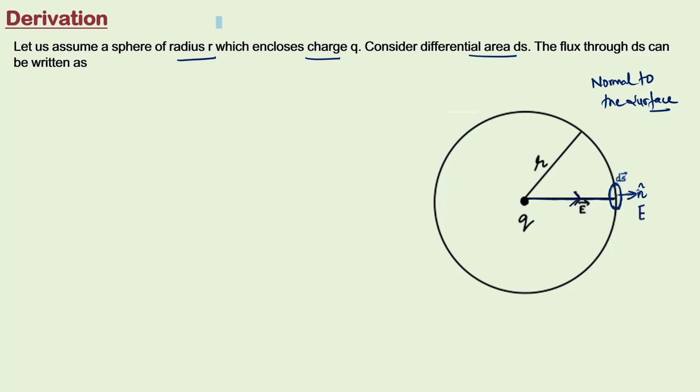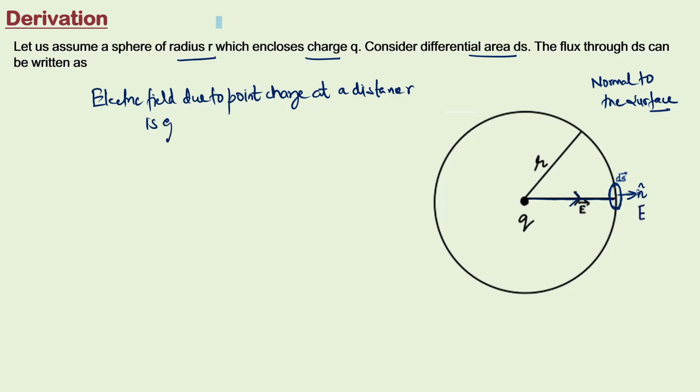We know that the electric field due to a point charge at a distance r is given by E equal to kq by r square.